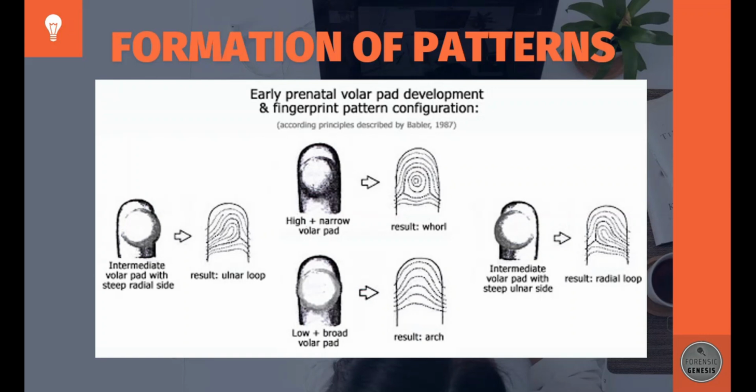So if we talk about the whorl pattern, it is formed on very high and rounded volar pad. If we talk about loop, it forms on the asymmetrical volar pad that leans to one side. And in case of arch, the volar pads are very low, thus resulting in the arch pattern.